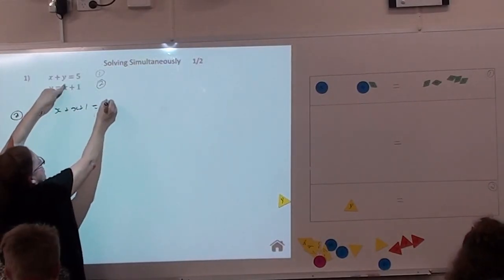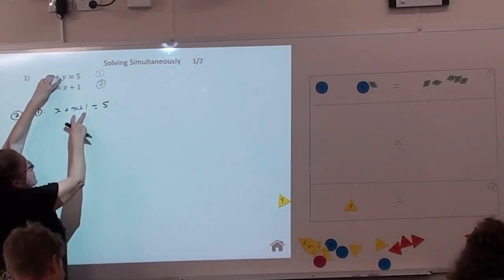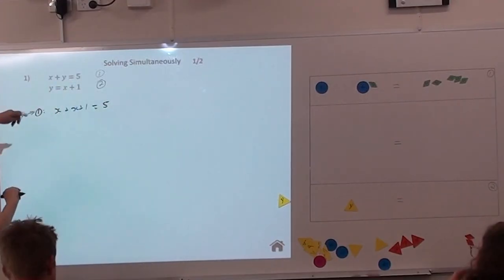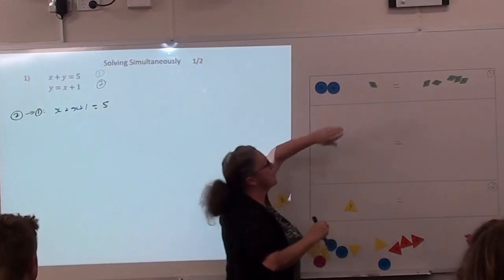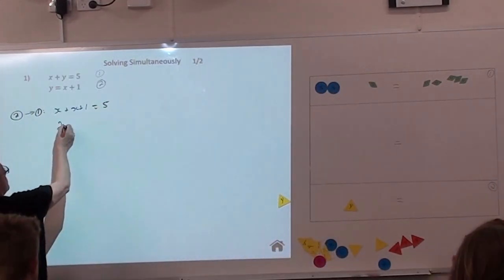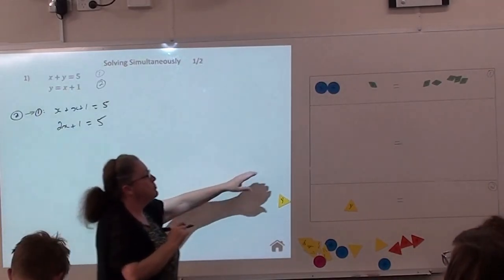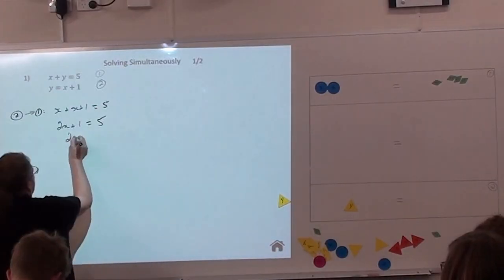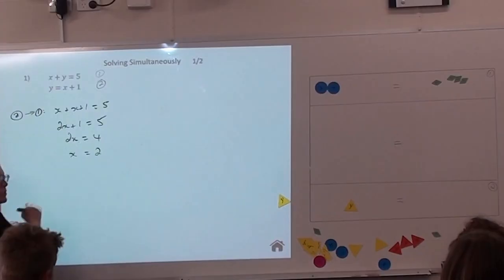And then there's an equal 5. There it is, x plus y equals 5. Okay? Now I'm going to simplify. 2 x's. Same shape goes together. Solving. Subtract 1 from each side. And then dividing into 2 teams gives me x equals 2.